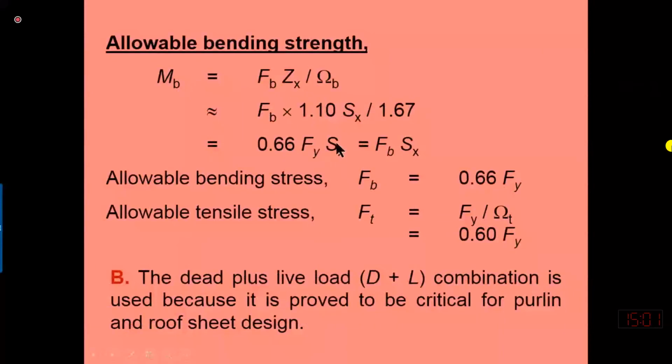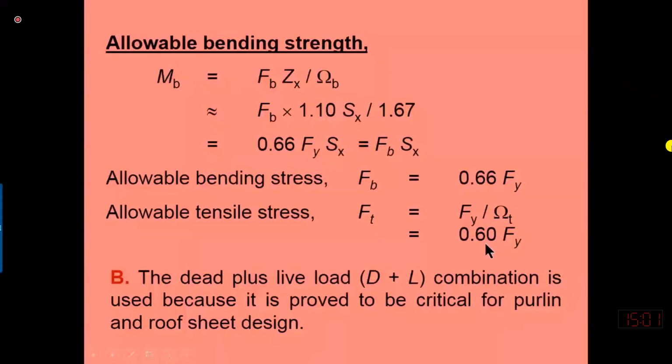Sx is the section modulus, Fb is the bending stress, equal to the allowable bending stress. In ASD, the bending stress in our purlin should not be more than 66% of Fy. The allowable tensile stress is Ft, or 0.6. In the bending case, 0.66. In the tensile case, we have already used it in our yielding criteria.